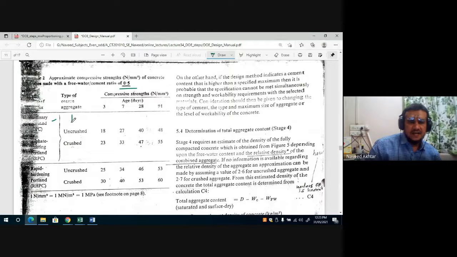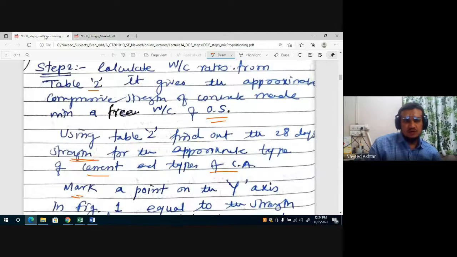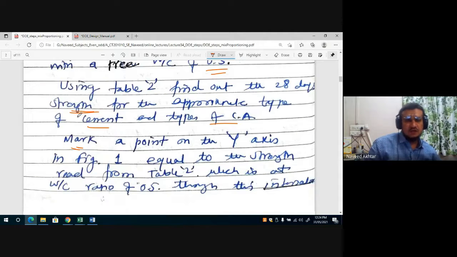Your aggregate type is given, and based on the compressive strength of 28 days, you have to select the compressive strength for the type of cement. This is OPC cement, this is SRC cement, and this is for the rapid hardening cement. So these values are given in table number 2.